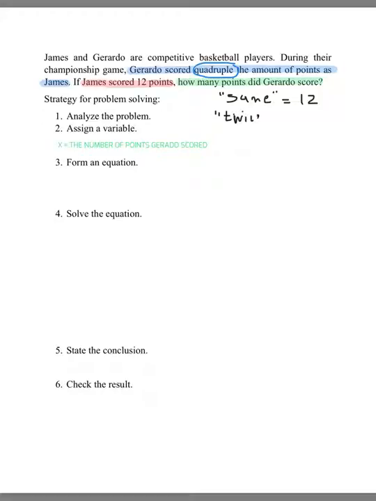So then if James scored 12 and Gerardo scored twice that amount, well, that's going to be 12 plus 12. The indicator is twice, meaning 2 times the amount. However, we can rewrite that as multiplication using 2 times the quantity 12.